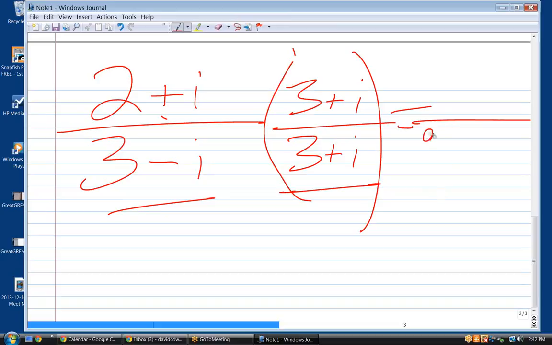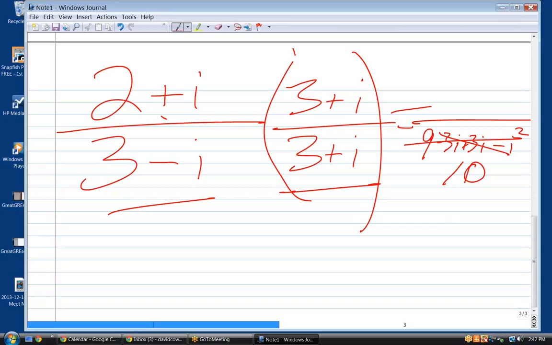Notice what I get is 9 minus 3i plus 3i minus I squared. The middle terms always cancel. So you have 9 minus I squared, and I squared is negative 1, so you have 10.